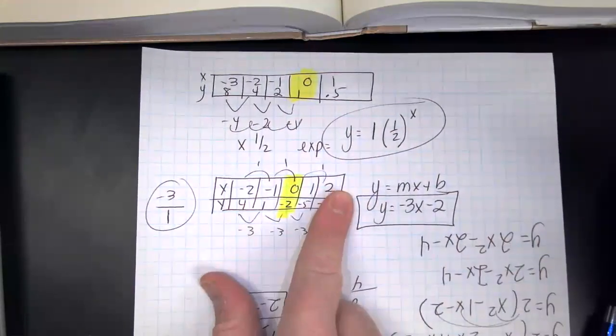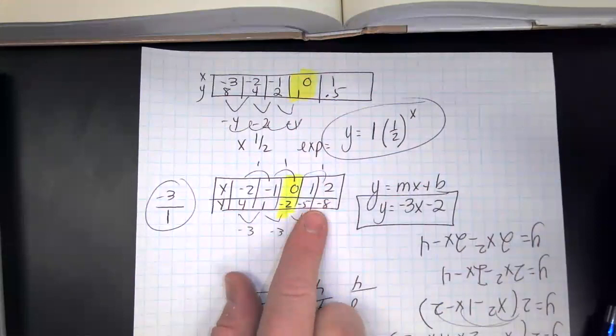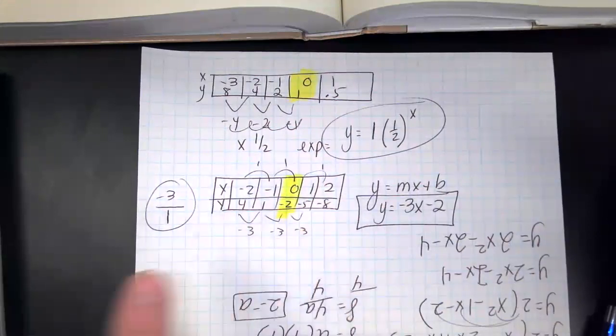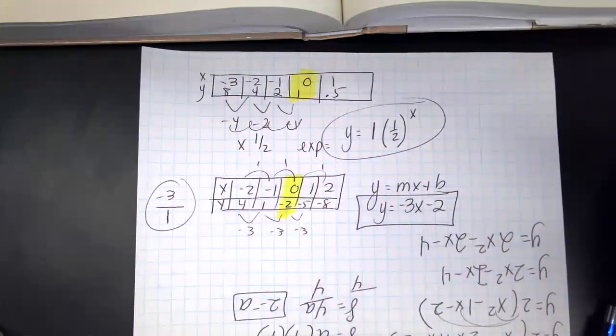Now, if you want to put this in on your calculator and do ln reg, you certainly could, if you wanted to double check. On exponential, the only part about that is that exponential is not listed as exponential.